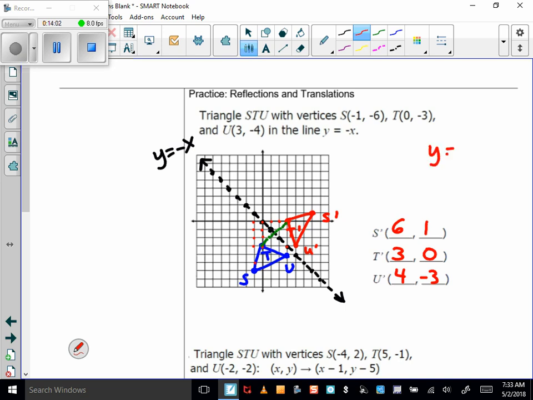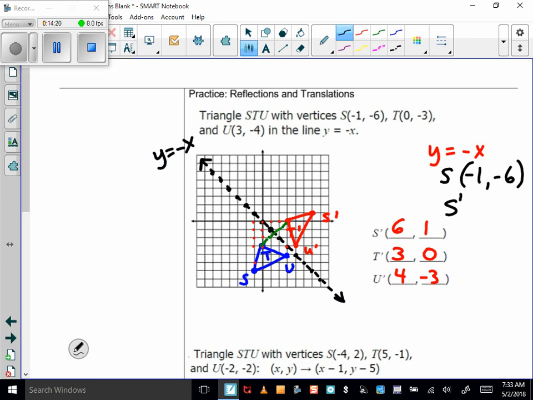Okay, so look at what's happened here. My line of reflection is y equals -x. So just for example, let's take S, which was (-1, -6). If y equals -x, then x is going to equal -y, right?